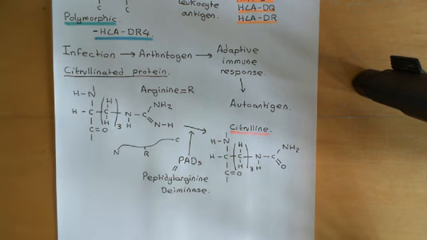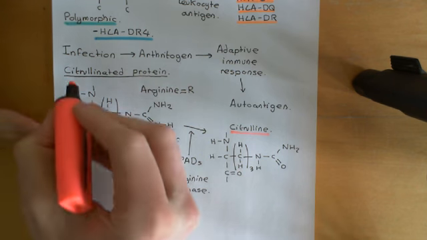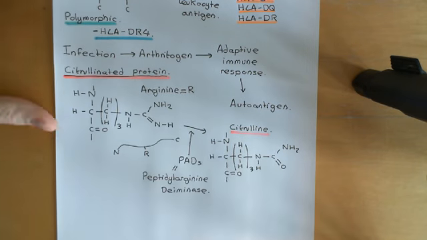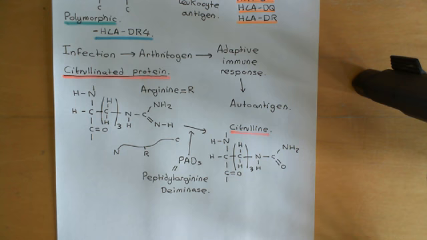Some proteins in your body have arginine residues converted to citrulline residues, and proteins which contain citrulline residues are then called citrullinated proteins. Now, in rheumatoid arthritis, we think that what happens is you lose immunological tolerance to citrullinated proteins.